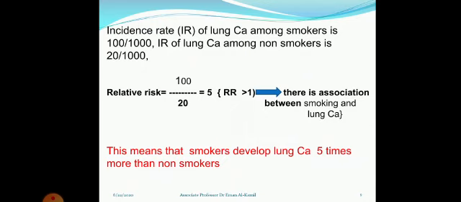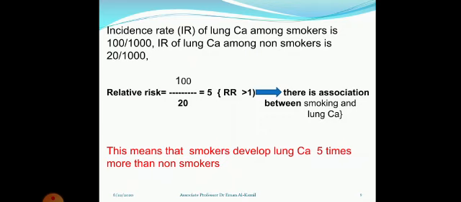So the relative risk is more than 1, and there is an association between smoking and lung cancer. This means that smokers develop lung cancer 5 times more than non-smokers.